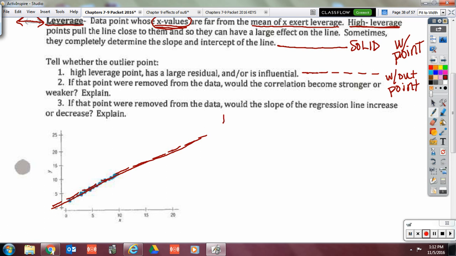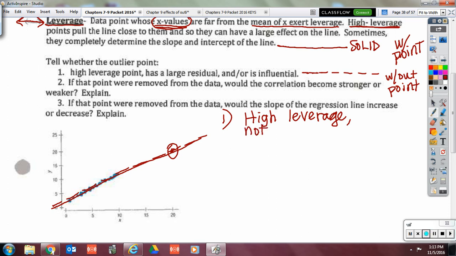All right, so first, does this point right here have high leverage? And the answer is yes. It has high leverage because it is far out in the x direction. Does it have a large residual? Is this thing far off the equation of the line?